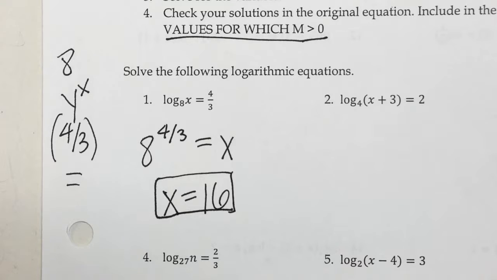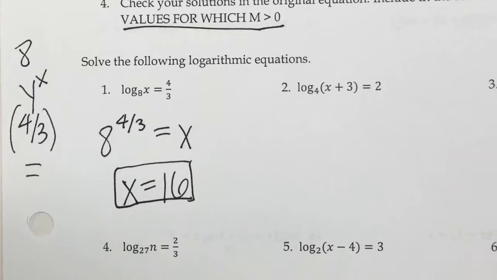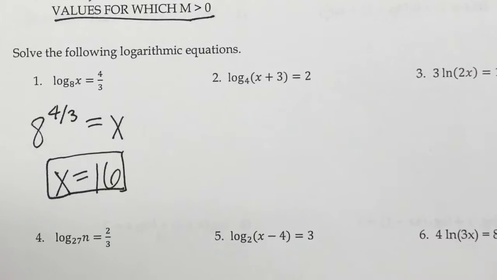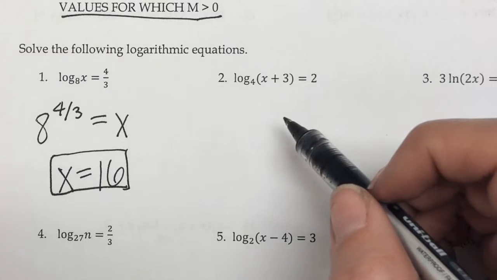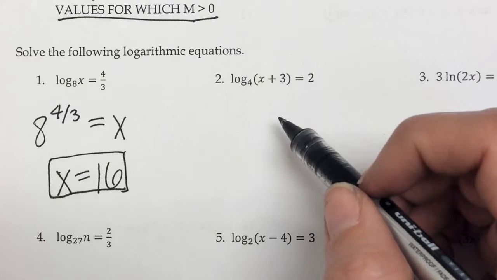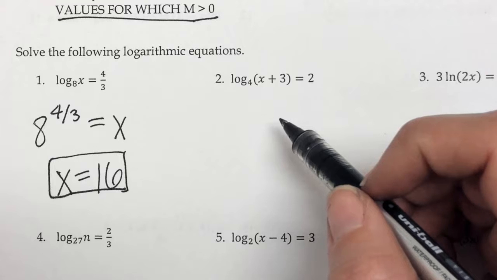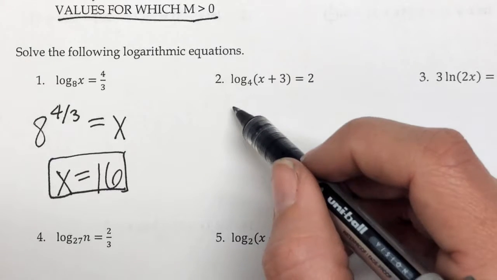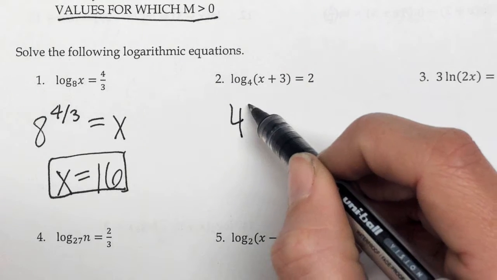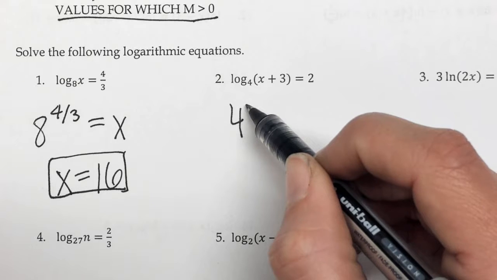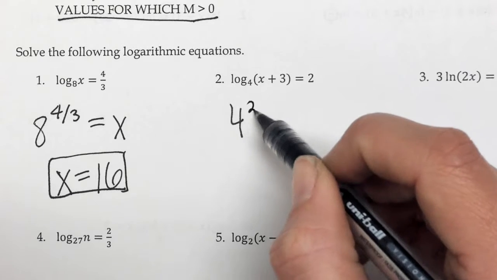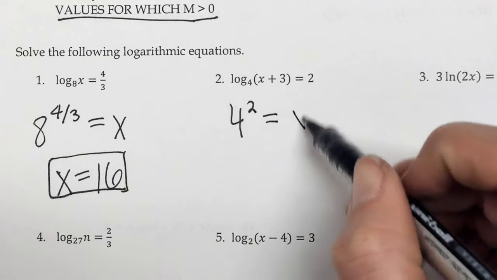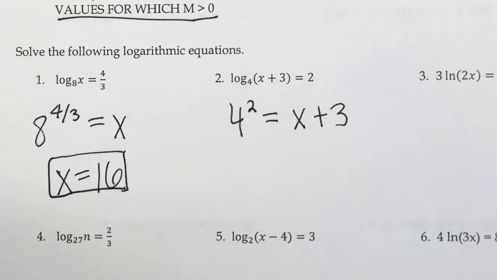Alright, next one. Darian, tell me how to write this in exponential form. To the 2 equals. Very good.